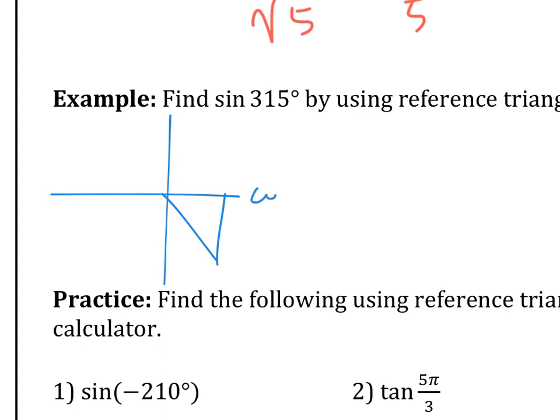Cosine is the x direction. Sine is the y direction. So the question is, how long is this? You have to remember that all your 45s are square root 2 over 2s. And so this is going to be a negative direction. So sine of 315 is equal to negative square root 2 over 2.